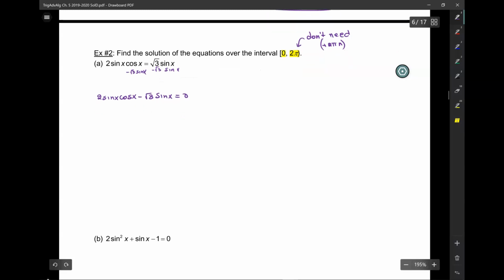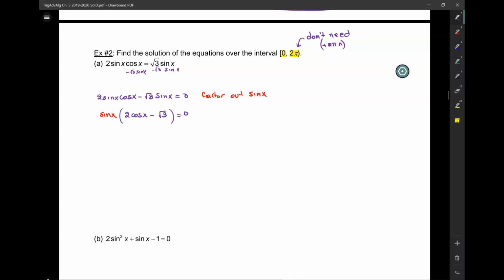Now I'm going to factor out a sine x. And we learned how to do that in section 1, or we reminded ourselves how to do it. When I factor out a sine x, I get 2 cosine x minus root 3. Does that make sense? Yes.